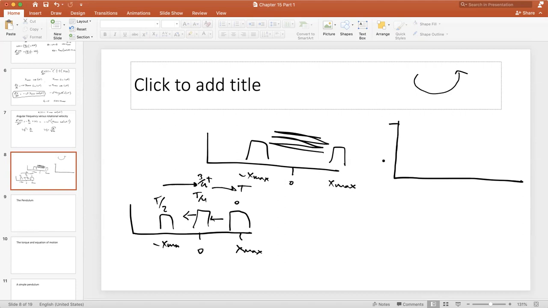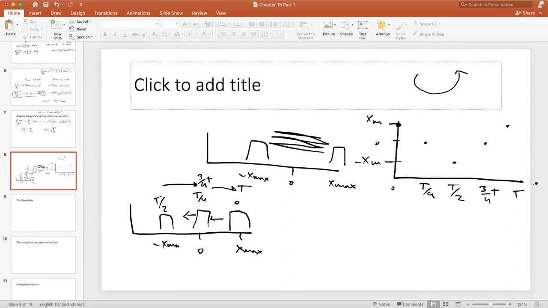So let's draw that in an x versus t graph. So x, 0, negative x max. This is 0, this is T over 4, this is T over 2, this is 3/4 T, this is T. And it starts at x max, hits here, comes back the other way, it comes back.